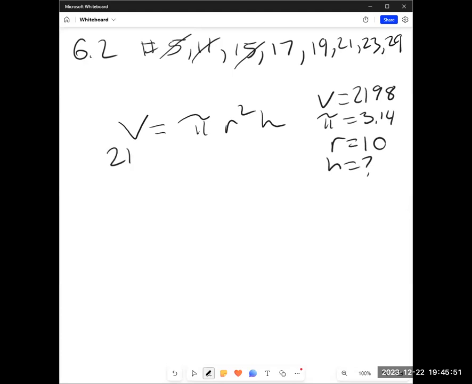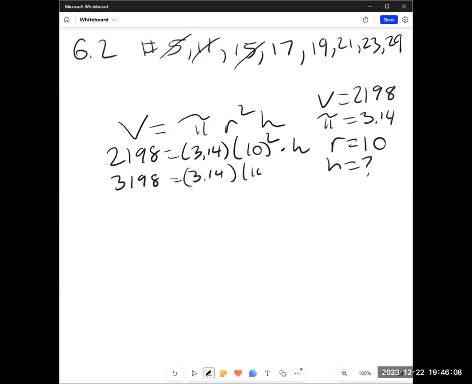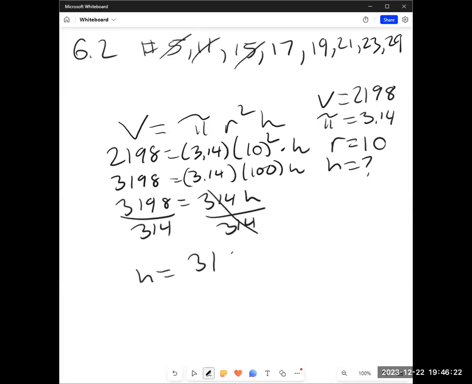So 2198 equals 3.14 times 10 squared times h. So this is going to be 100 divided by 314, and h is going to be 2198 over 314.